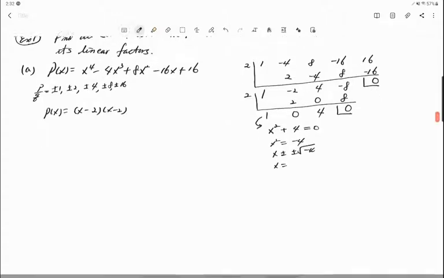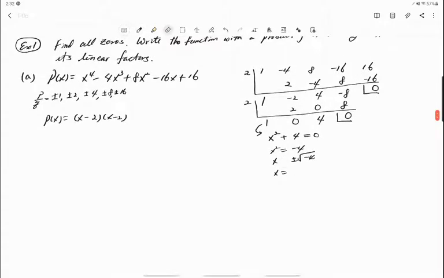The square root of 4i, because this negative sign becomes i when it goes outside. So finally, x equals plus or minus 2i.